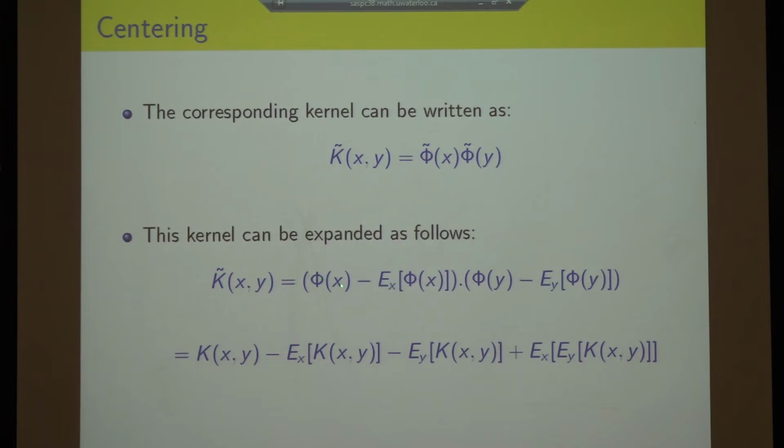You're going to have phi x transpose times the expectation of phi y with respect to y, which is the expectation with respect to y of the kernel. And you're going to have the expectation with respect to x of phi x times phi y, which is simply the expectation with respect to x of this kernel. Then you have a term which is the expectation of phi x transpose times the expectation of phi y, which is the expectation of kxy. So you just need to compute the kernel and then center it this way.